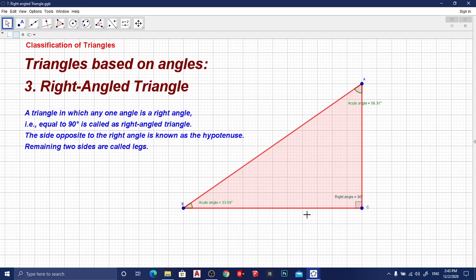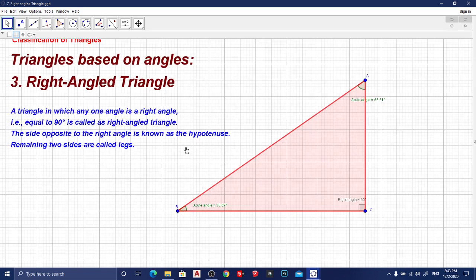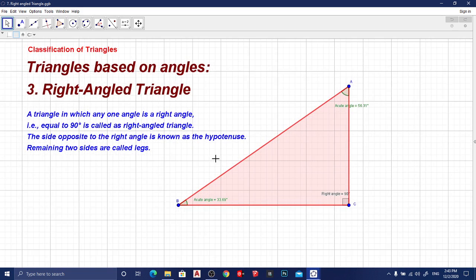The side opposite to this right angle is known as the hypotenuse. The name for this side is the hypotenuse. The side which is opposite to the right angle is called the hypotenuse.